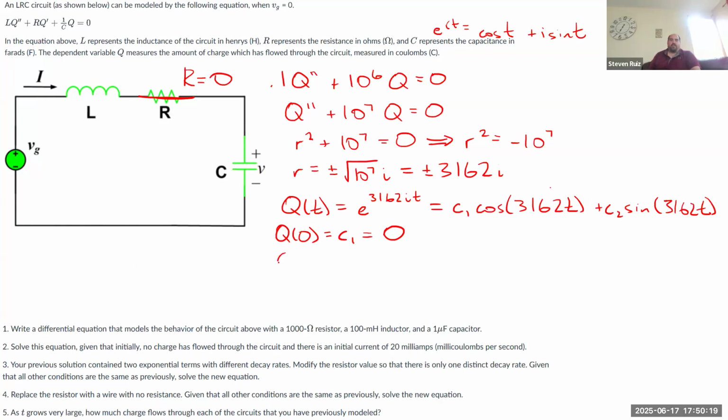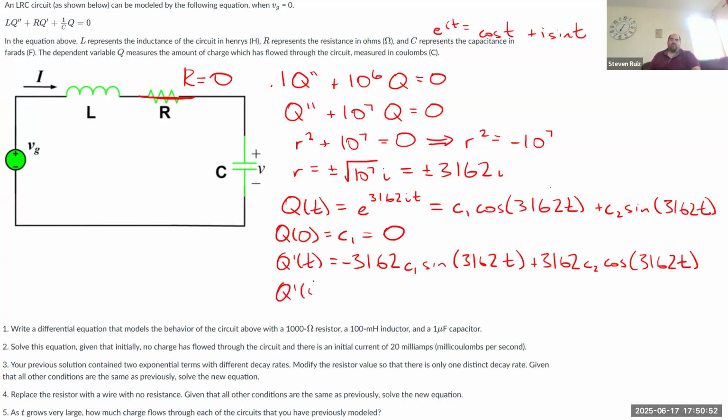To go further, I need a derivative. So what's Q prime of t? Q prime of t is equal to negative 3162 C1 sine of 3162t plus 3162 C2 cosine 3162t. Now I plug in 0.